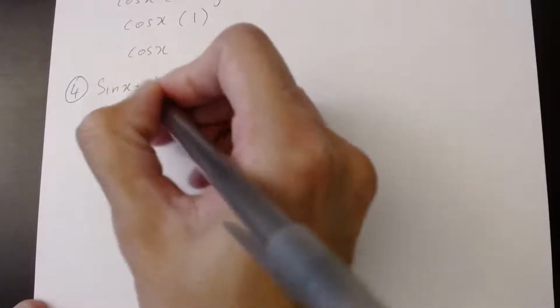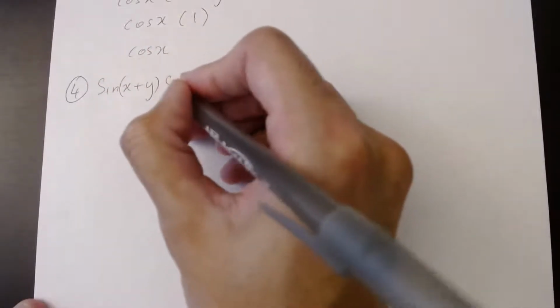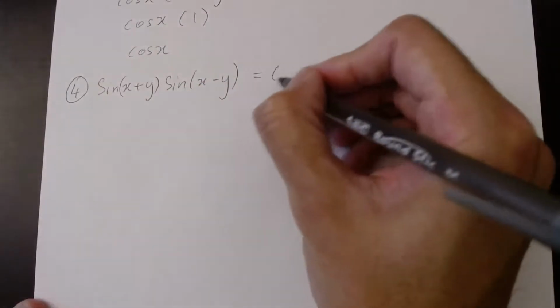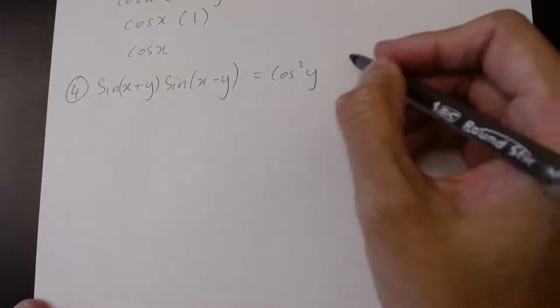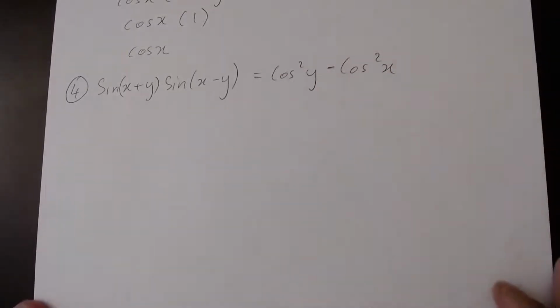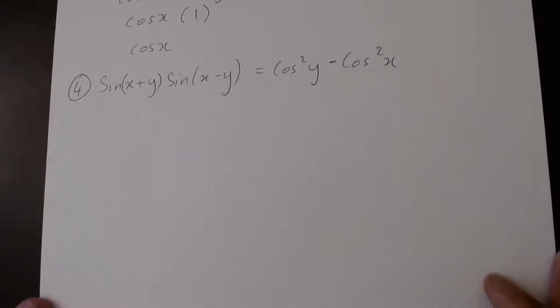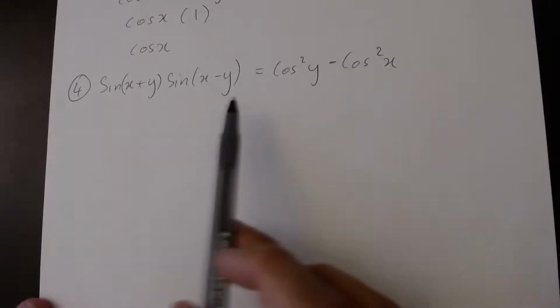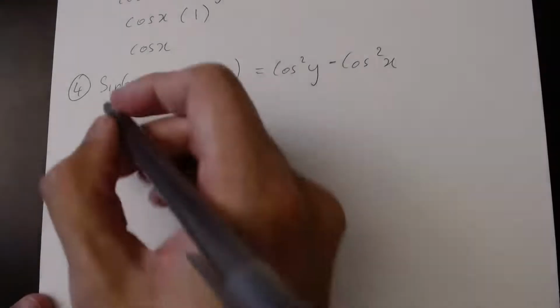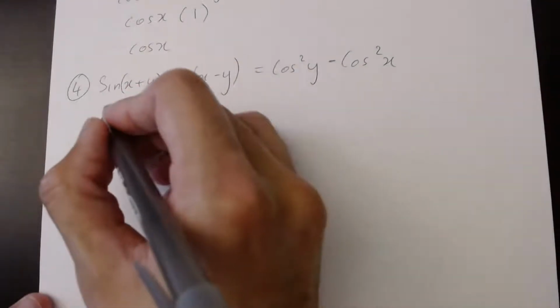I have sine x plus y times sine x minus y equals cos square y minus cos square x. So again, here the left side is more complicated. I want to work with the left side. So I'm going to make these into my double angle formula and my compound angle formulas.